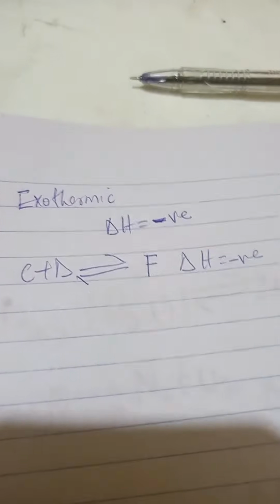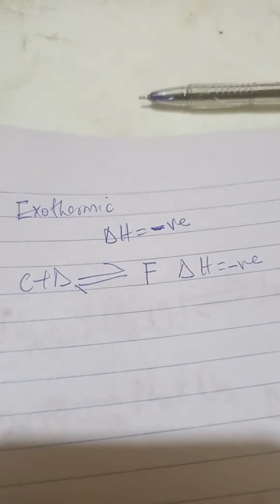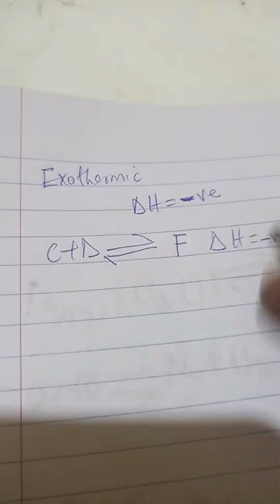Now let's go to exothermic. Take note of exothermic. If it takes place, everywhere will be hot. An example of an exothermic reaction is if you are cooking in your kitchen, everywhere will become hot. If they are making a party, cooking rice with firewood, everywhere will be hot. That's a combustion reaction. When something is burning, the environment will be hot.